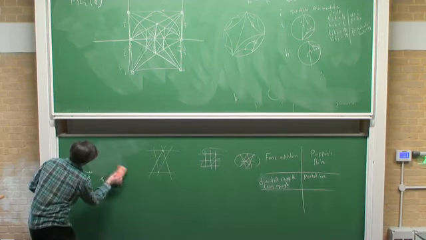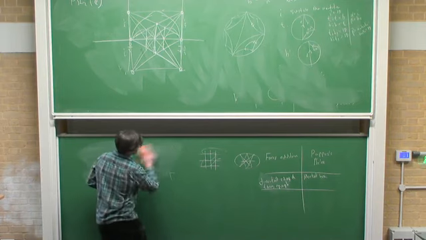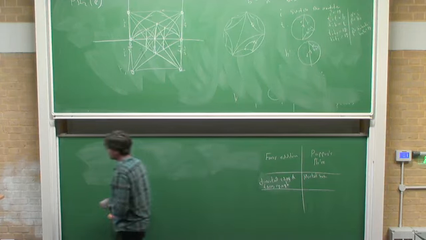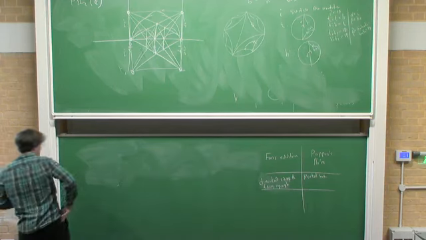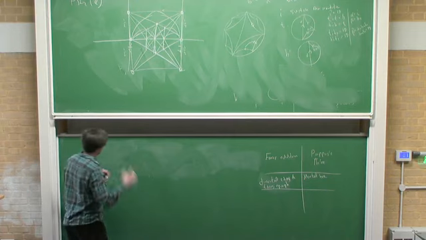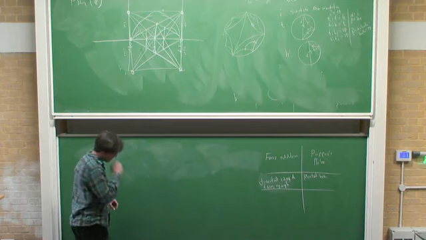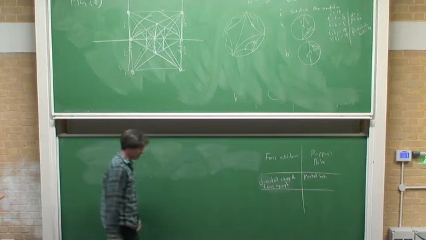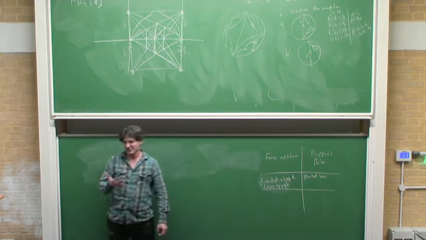Okay, so informally speaking, a marked box is just the data for an application of Pappus's theorem. That's all it is.